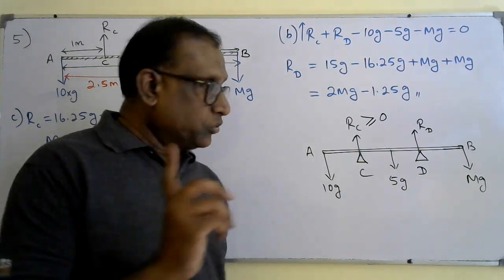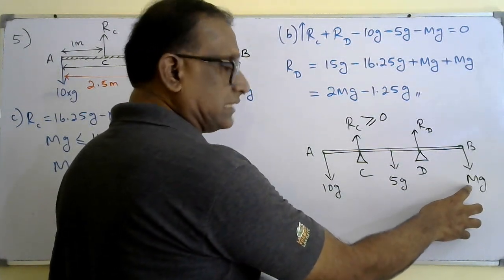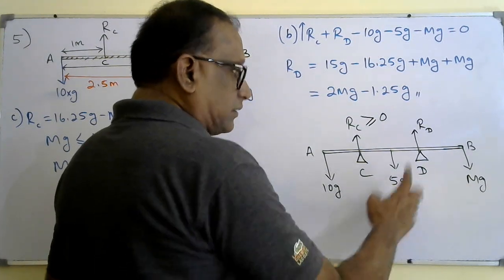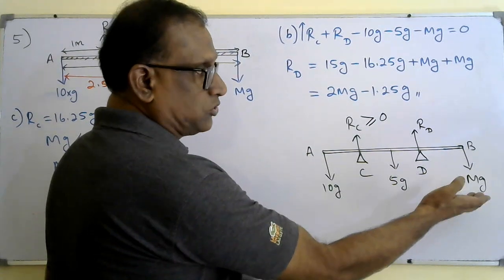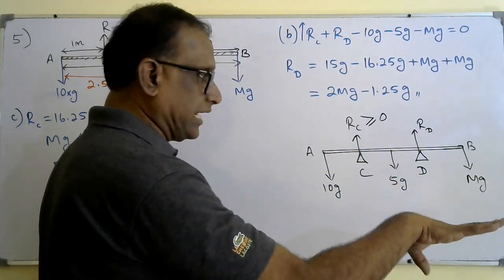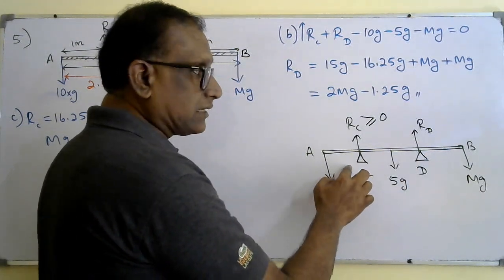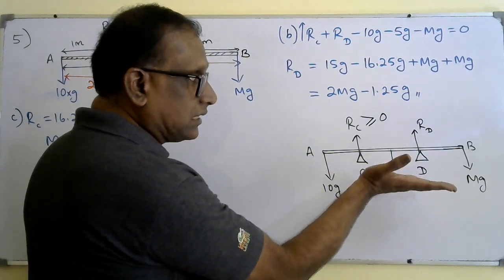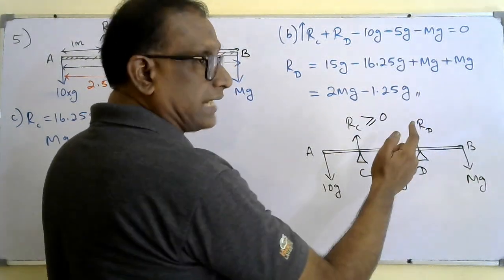Now look here. Imagine if I reduce the mg gradually, then what will happen? If I reduce it beyond a particular value, the rod will topple about C. The rod will rotate and tilt in anti-clockwise direction.